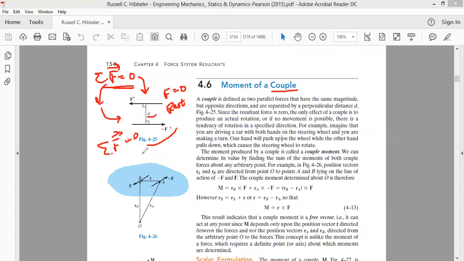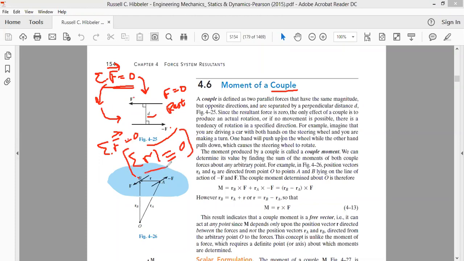So for a body to be at rest, it's not only that the summation of forces should be zero, but the summation of all the moments should also be equal to zero. This is the second condition of equilibrium, and the questions on this we will do in the next chapters.